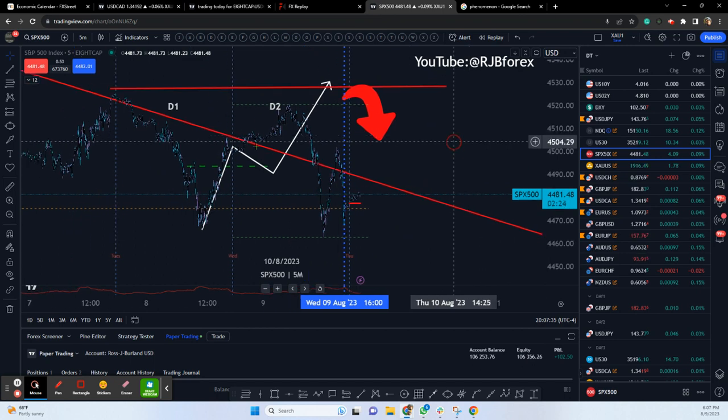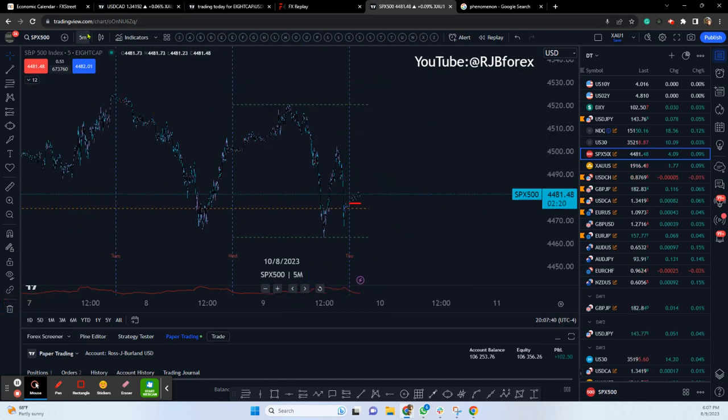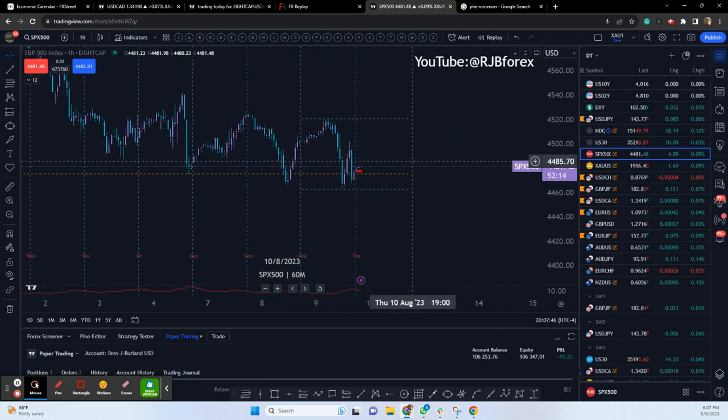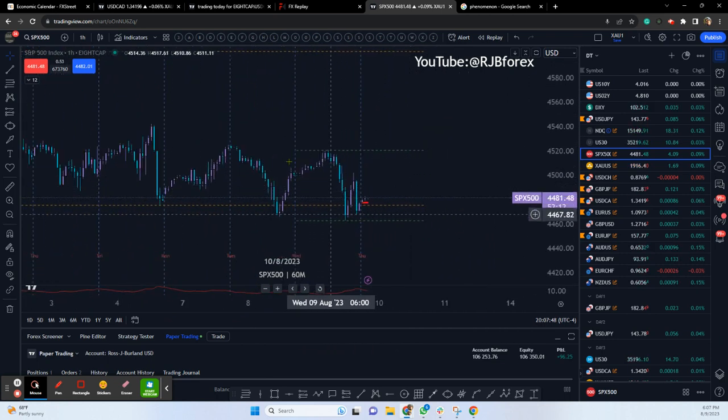Day 3 for S&P. Again, low of the week scenario for the long squeeze.